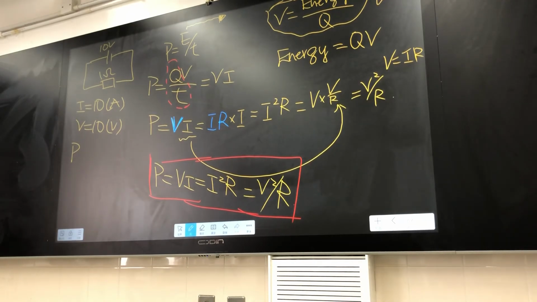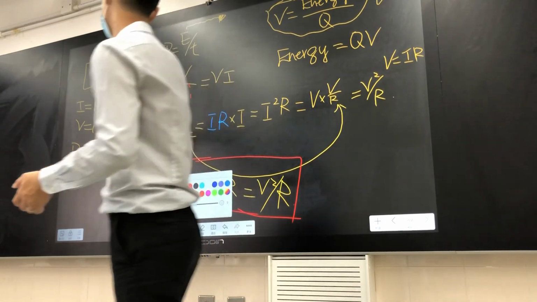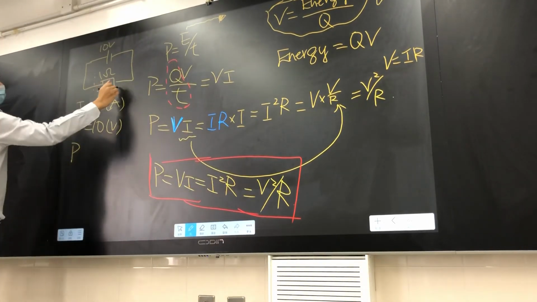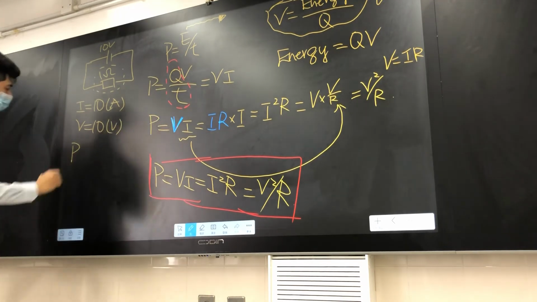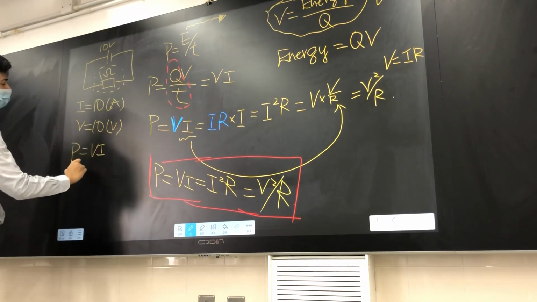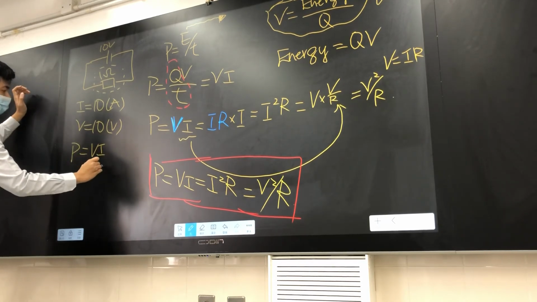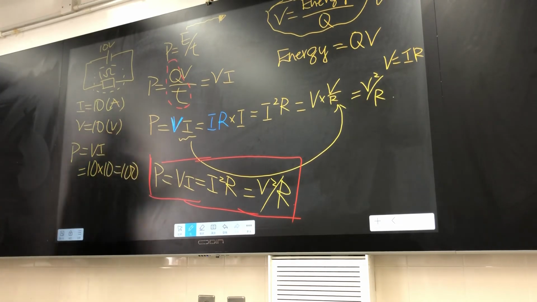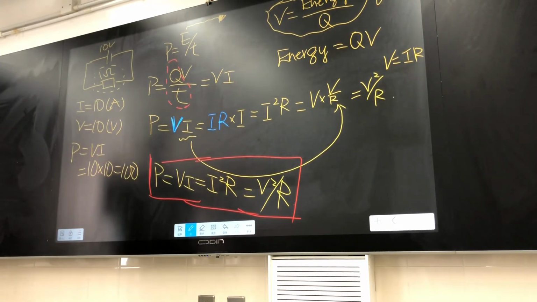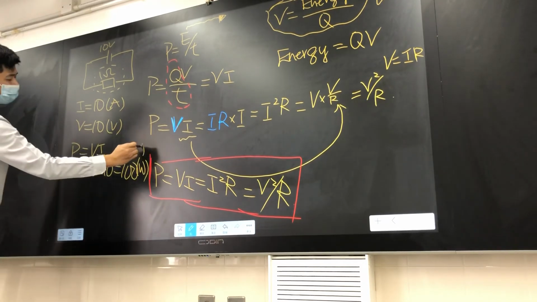For example, what is the voltage consumed by this resistor? It's 10, right? Let's try the first equation, P equals VI. The power consumed equals 10 times 10, so it equals 100. What is the unit of power? Watt. So it uses 100 joules every second. Watt is joule per second.